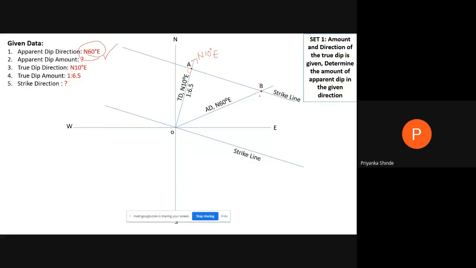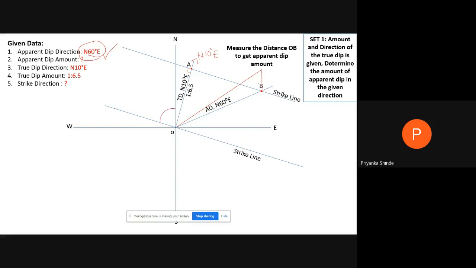You can name it as B. So we have drawn the apparent direction north 60 degree east, and where it meets the strike line, that is the amount in the given direction. If you measure the distance OB, that is the required apparent dip amount.